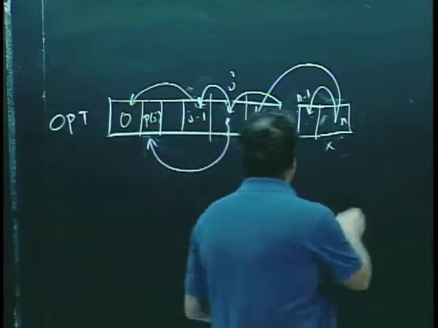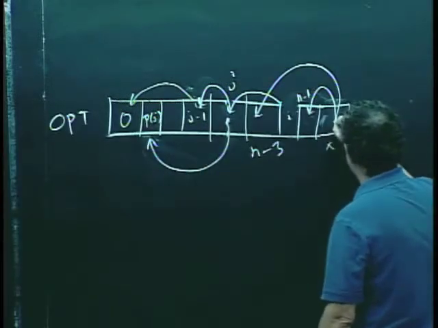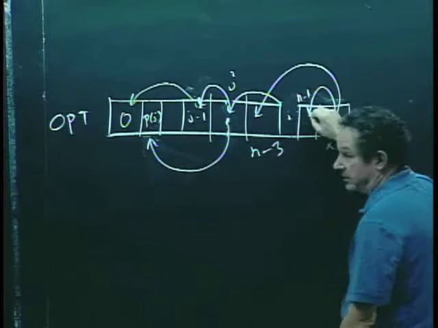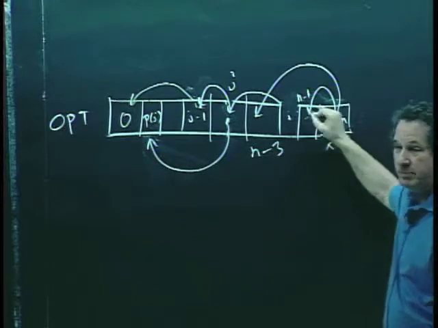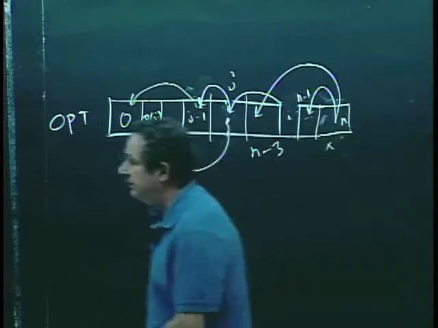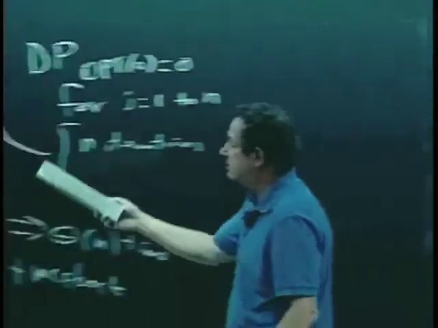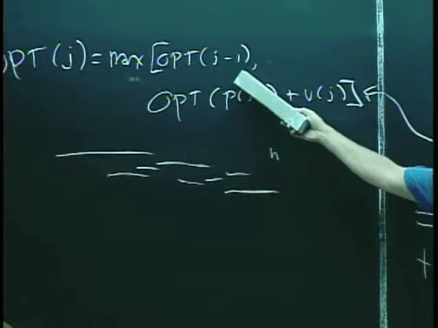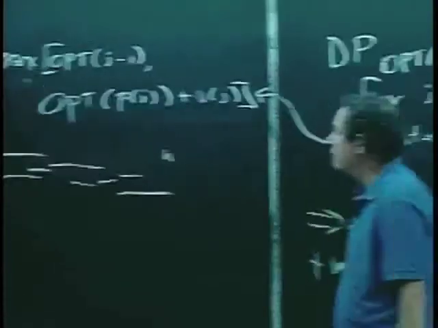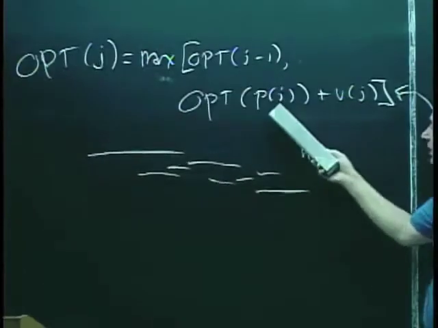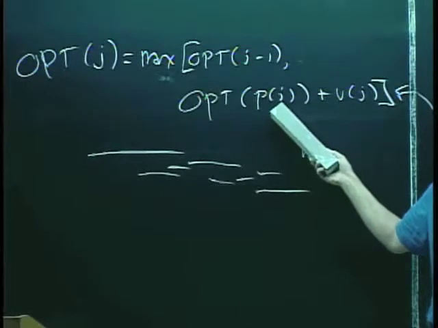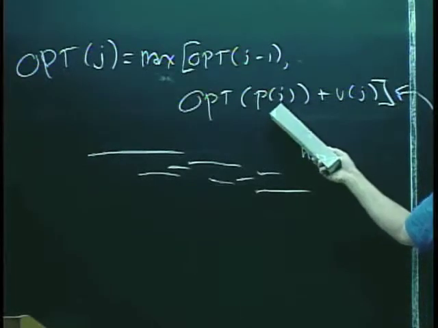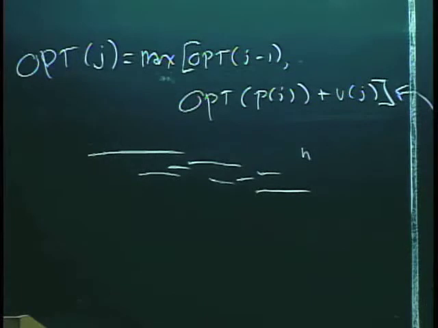The confusing case is this one, when n goes to n minus 1, it might have been that this was the winning case, and this is strictly bigger than this. Or it could have been that p of n is equal to n minus 1, in which case we should take n.